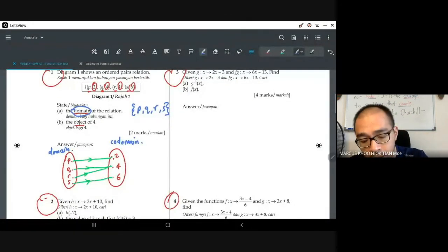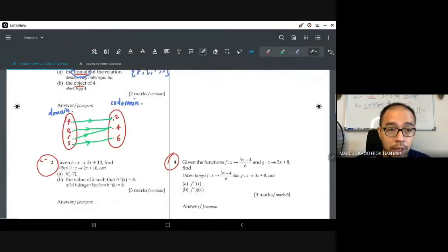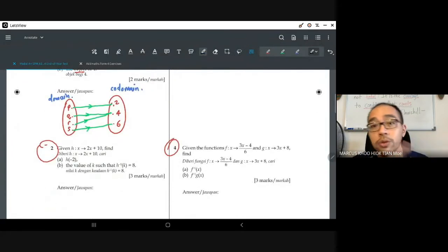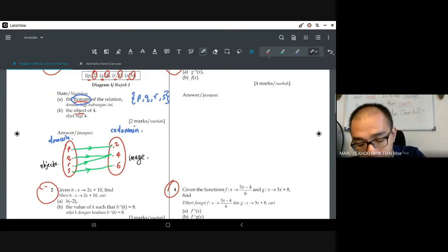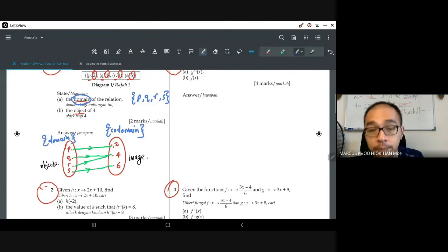So besides the domain and codomain, there are a few other words that we use to describe these two groups. The group on the left, which is the domain, is also known as the objects. The group on the right is known as the image. But only when we give the answer for domain do we put the curly brackets.